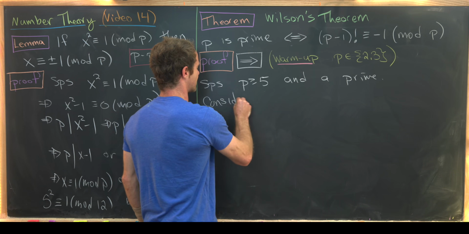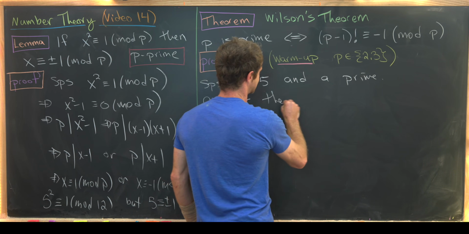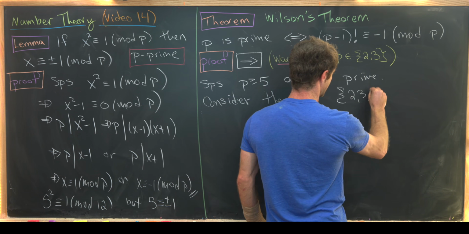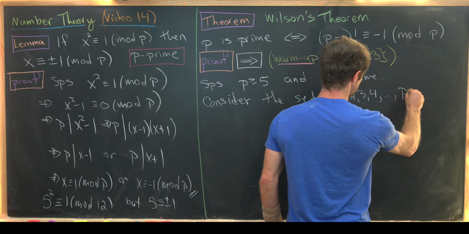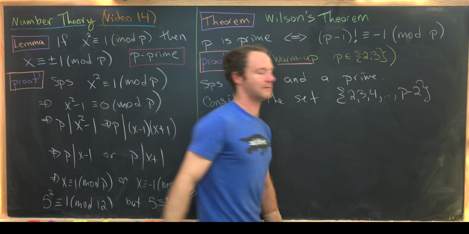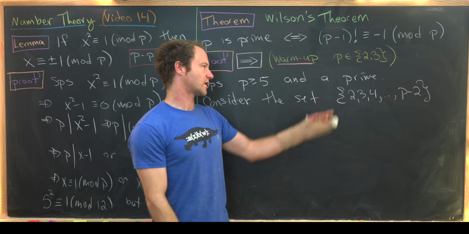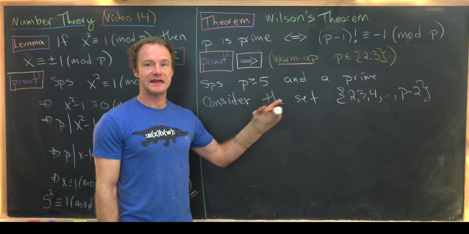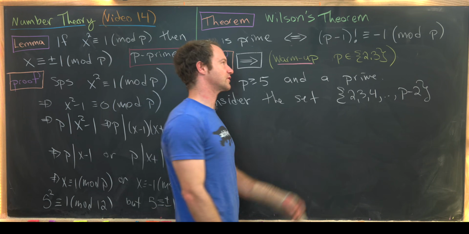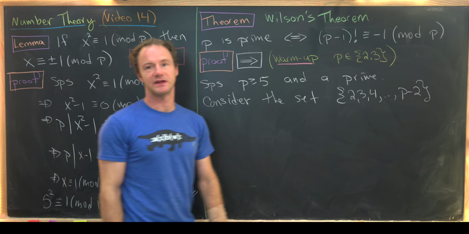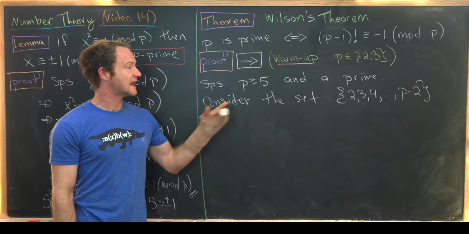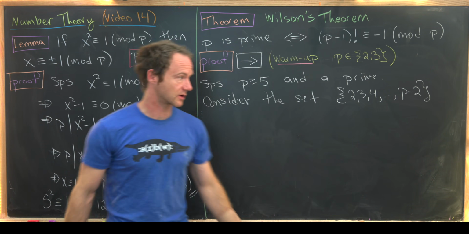Well, let's consider the following set, made up of the numbers 2, 3, 4, all the way up to p minus 2. The fact that we're considering this set, which starts at 2 and ends at p minus 2, is really the reason why the p equals 2 and p equals 3 cases have to be considered on their own. And now we're about ready to use our lemma.